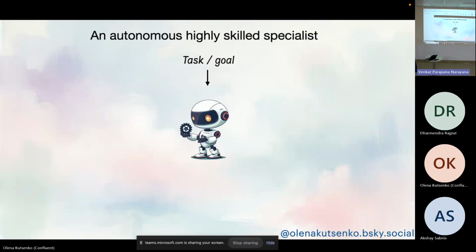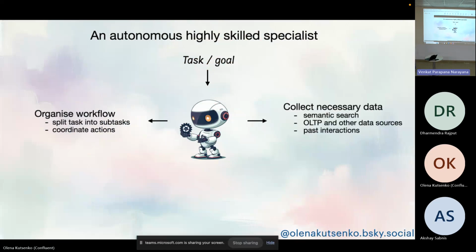So if we are thinking about an agentic system, we can think of it as an autonomous, highly skilled specialist, which has the ability to organize workflows, to split, for example, tasks into subtasks, to coordinate actions, to collect necessary information.